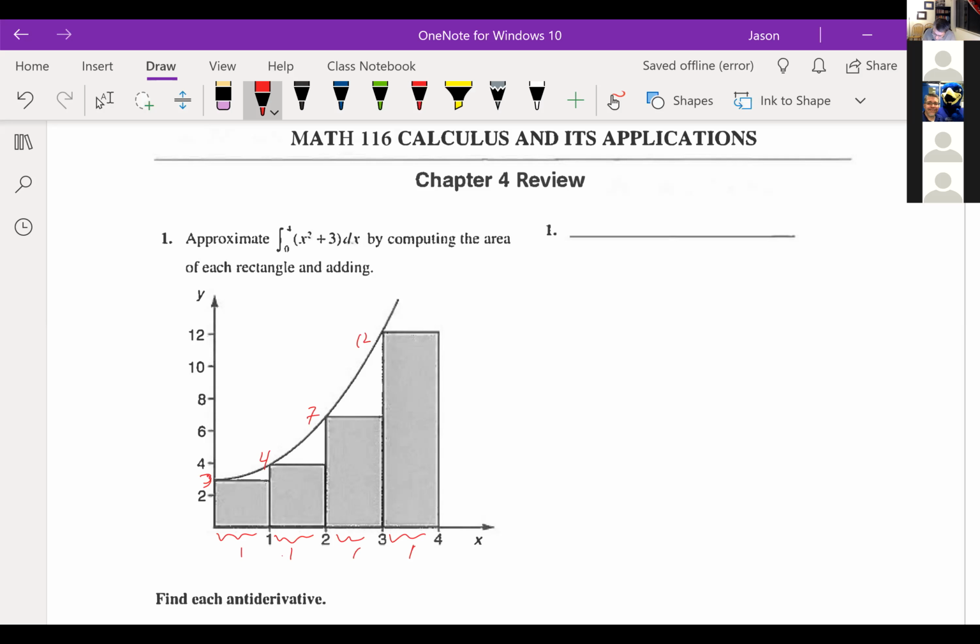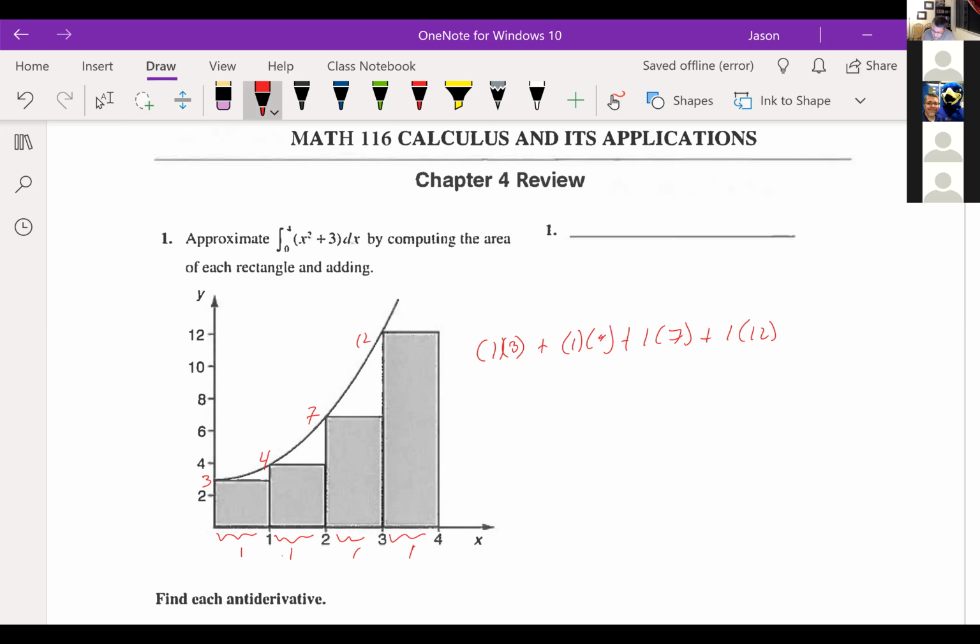Okay, so we have a 1 by 3 rectangle, plus a 1 by 4 rectangle, plus a 1 by 7 rectangle, plus a 1 by 12 rectangle. I could actually factor out all the ones, 1 times anything is the anything, right?